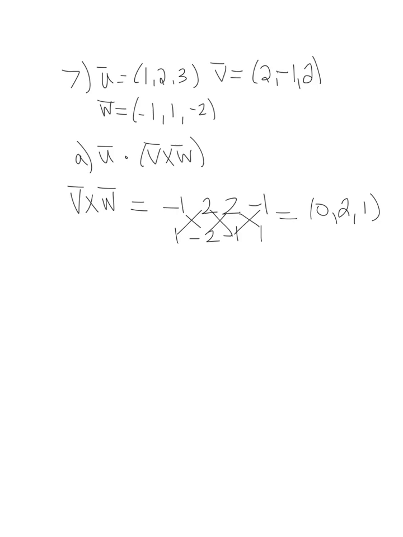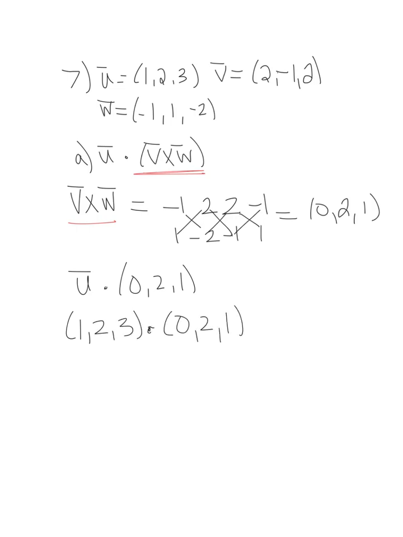Now that I have v cross w, I'm going to go ahead and plug that into my original equation again. So u dot 0, 2, 1. I do know vector u, so I can plug that in as well. 1, 2, 3, dot 0, 2, 1.